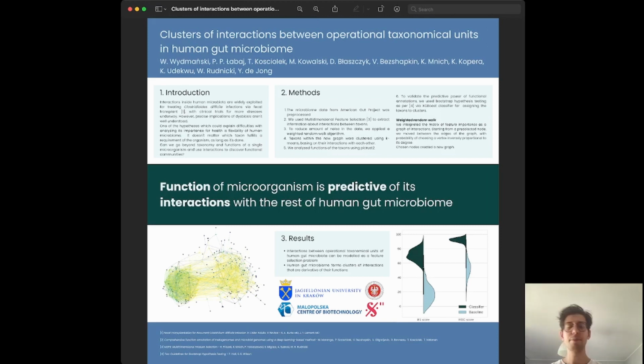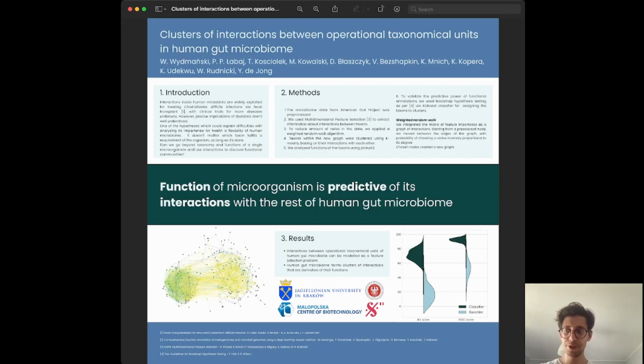Interactions within human microbiota are not yet fully understood, but they are already being exploited in treating various diseases, either directly by fecal transplant or indirectly by, for example, change of the diet. The second one, change of diet, is often used to avoid dysbiosis.